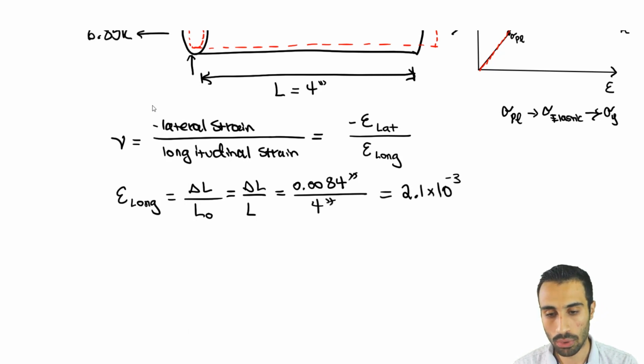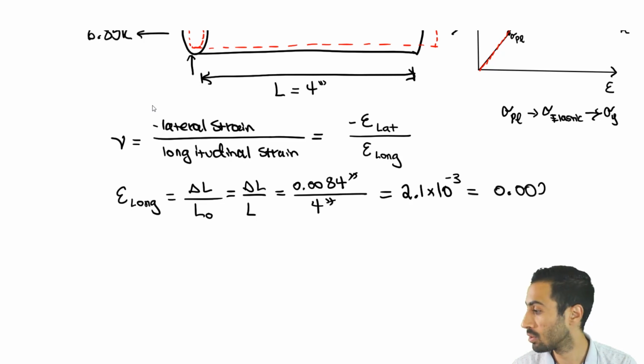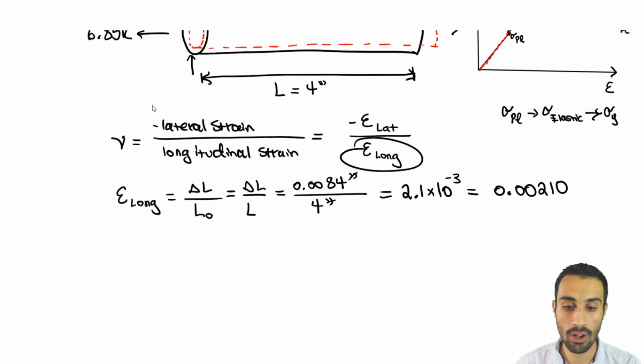And the inches cancel. It's unitless. It's inch per inch for the strain. But 2.1 times 10 to the negative 3 just says you move 3 places to the left. So how that would look is equal to 0.00210, and that would be the strain in the longitudinal direction.